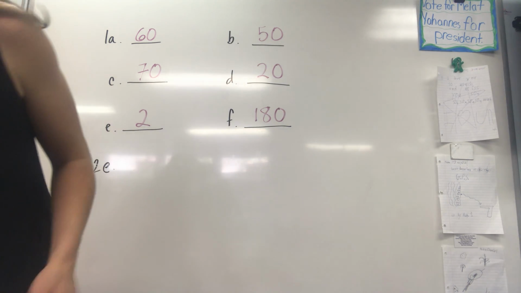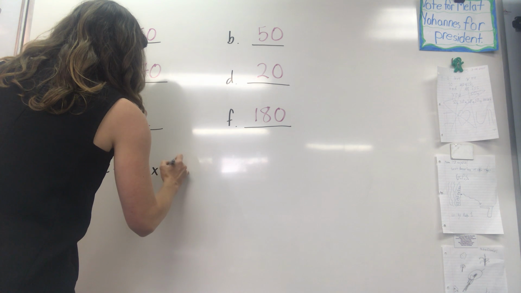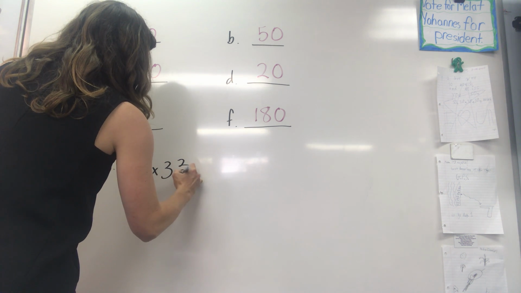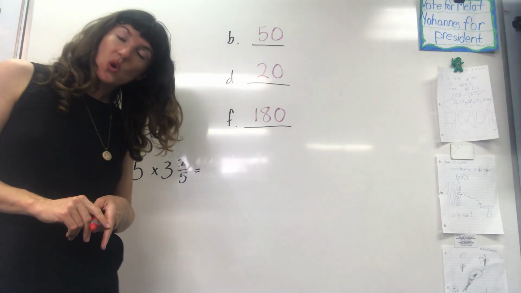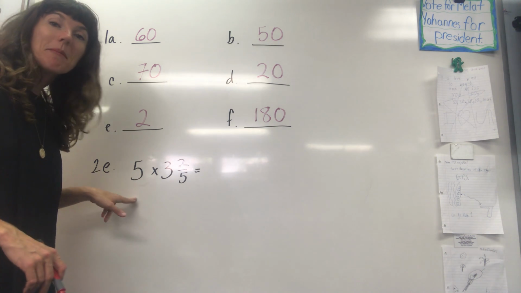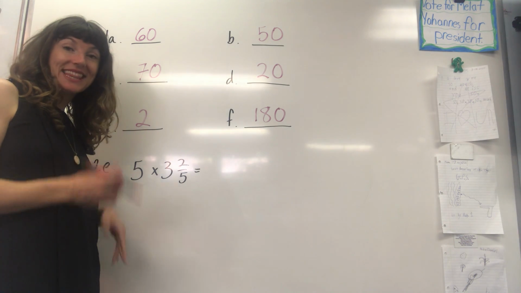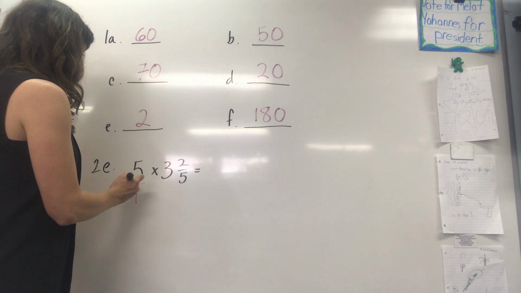5 times 3 and 2/5 equals. So here we go. I turn that first whole number into a fraction by placing it over the number 1. Okay, that's how easy that is. Over 1.